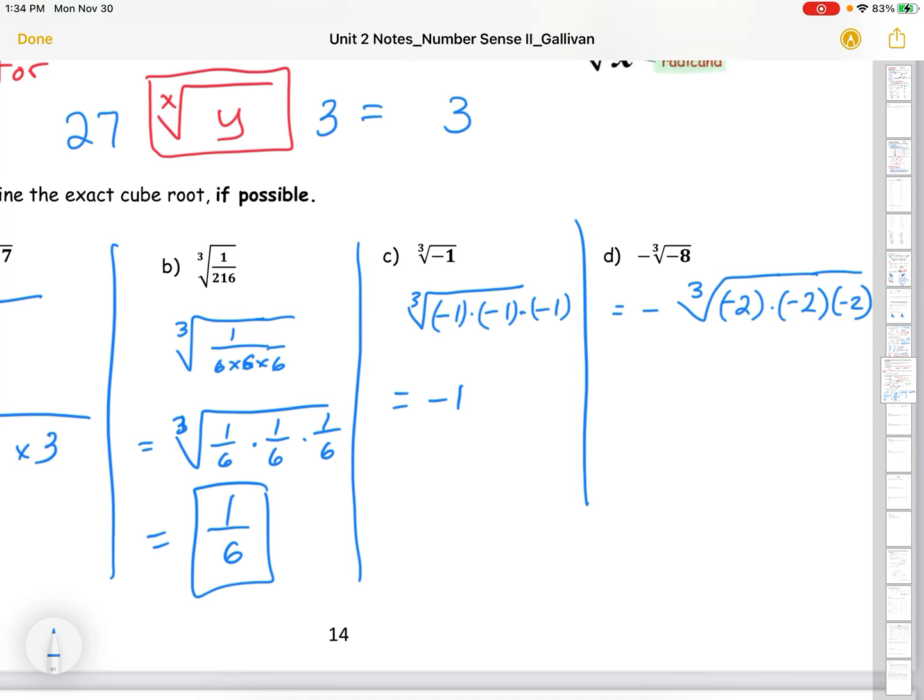Because we're cubing, so we're talking about 3 multiplications, I can get a negative answer. So this would be a negative times -2. Negative times a negative is +2.